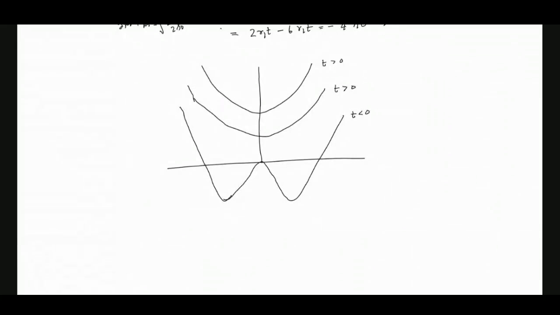What I'm plotting is m versus psi of m. So the nature of this free energy changes at t equal to 0, that is at capital T equal to Tc, and this is what leads to phase transition.